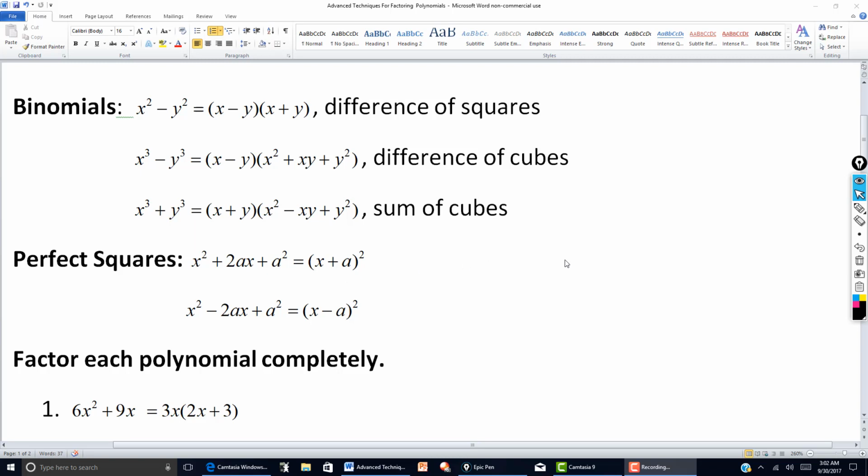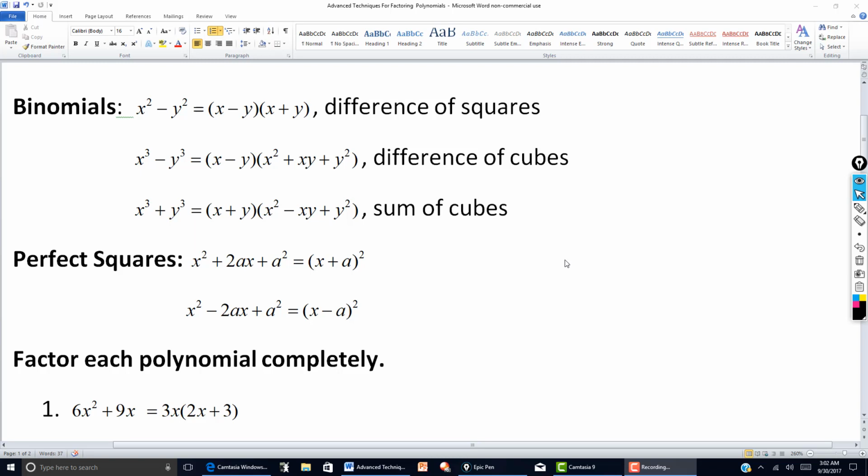Then I gave you some formulas for perfect square trinomials. And basically, we looked at factoring binomials and trinomials, and we pointed out to always look for a common factor.